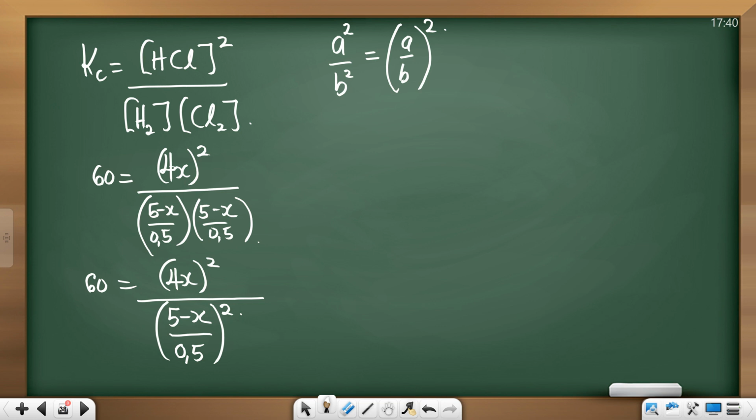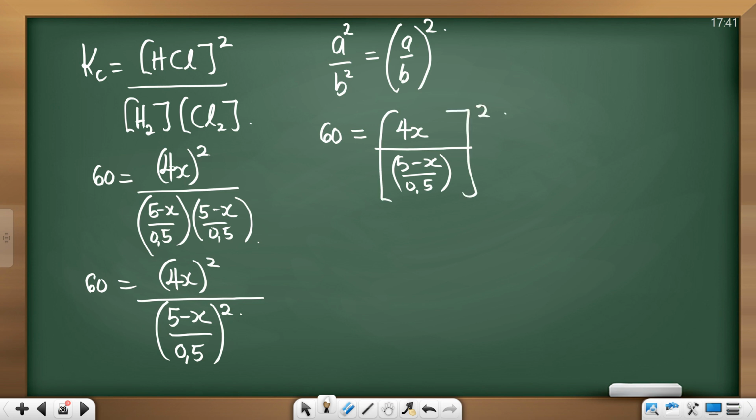So that means I can write this as 60 equals 4X over 5 minus X over 0,5, all squared. Do you see? I can now find the square root of both sides. What is the square root of 60?